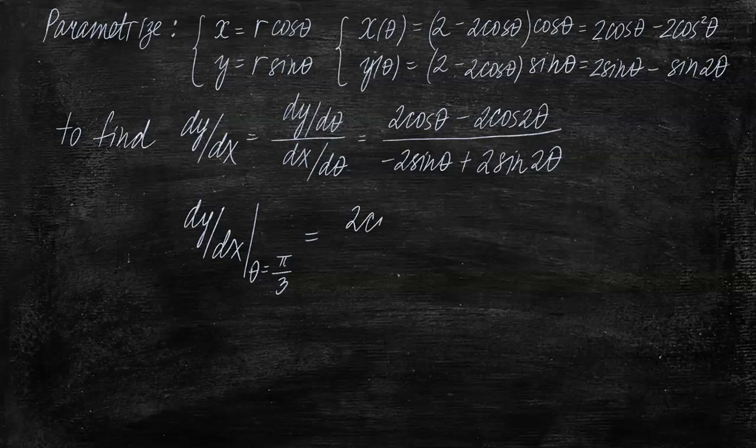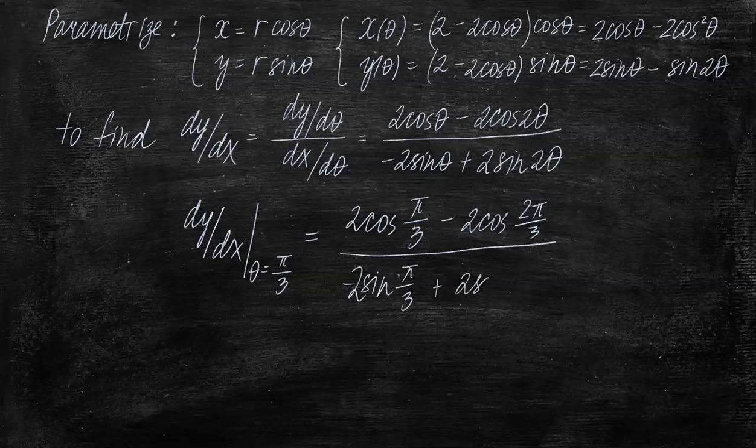So we have 2 cosine pi over 3 minus 2 cosine 2 pi over 3, all divided by negative 2 sine pi over 3 plus 2 sine 2 pi over 3.